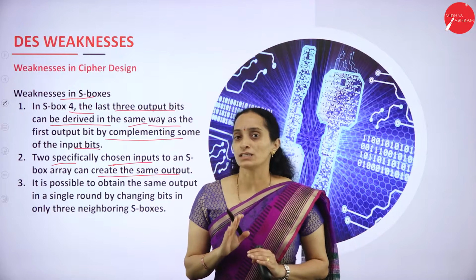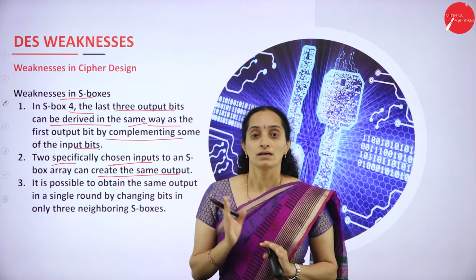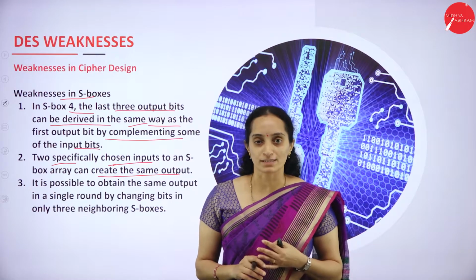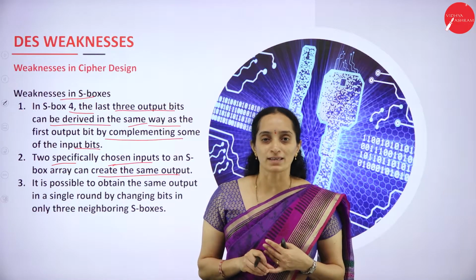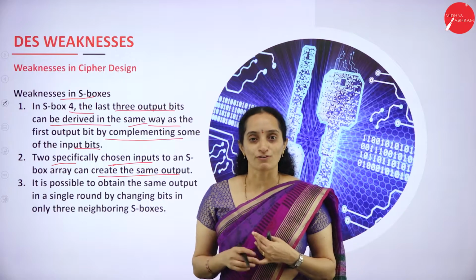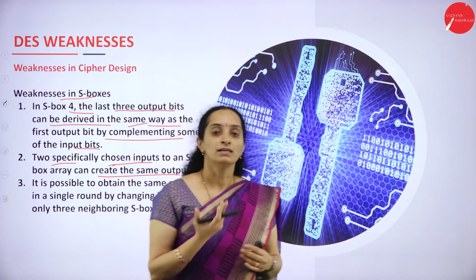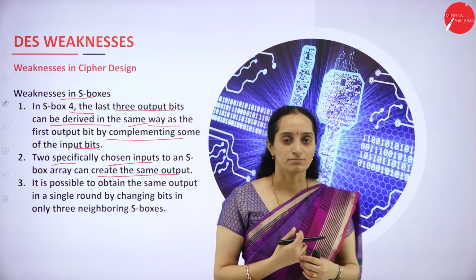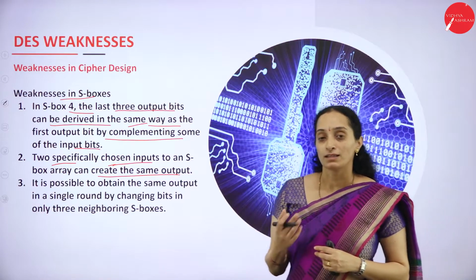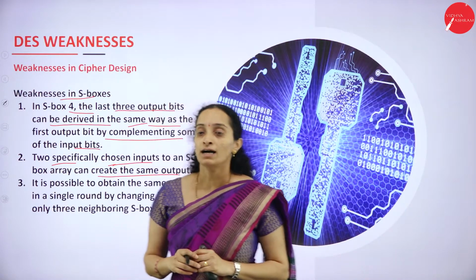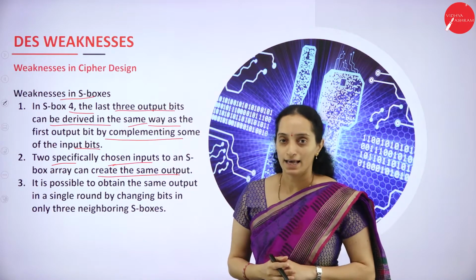If the permutation or the complement gets you the same output as that of the previous round, what is the use of making it encrypted? No use, isn't it? It is same as the input and same as the previous round. What was the purpose of ciphering will not be solved with this weakness of the S box.